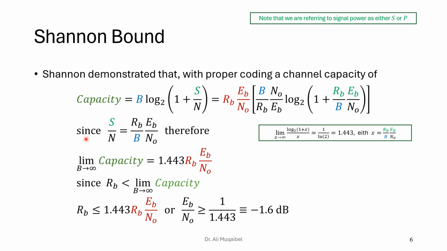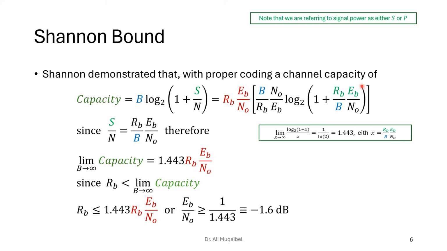Alright, so cool. Here we have the signal to noise ratio replaced by this, as we mentioned. If you now take the limit of the capacity as the bandwidth increases, no matter what the bandwidth is, taking the mathematical limit, remember that the bandwidth appears here and here. So taking that limit, I'll find that the capacity equals 1.443 times RB.